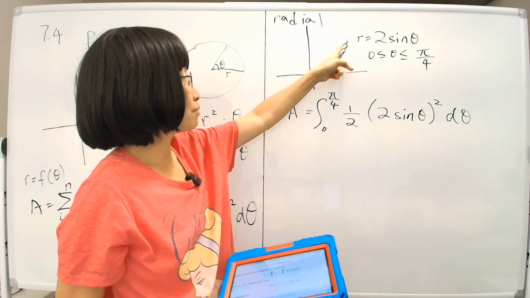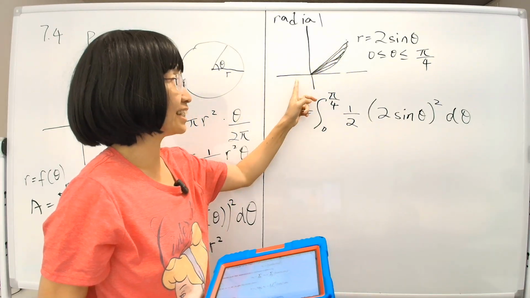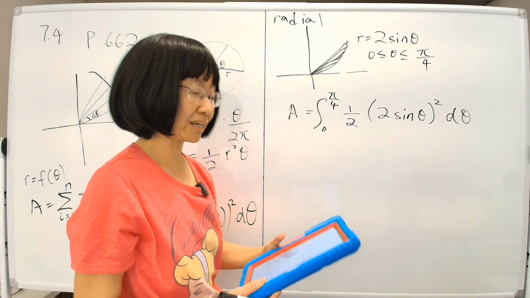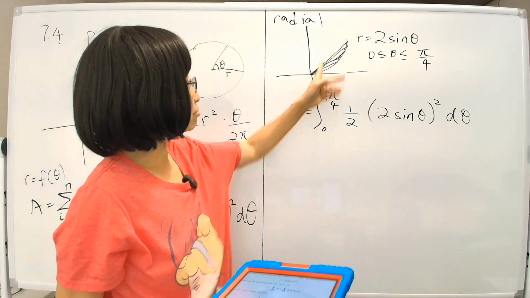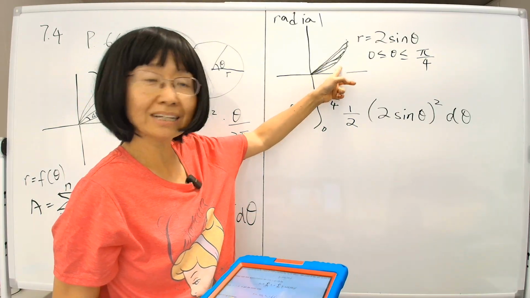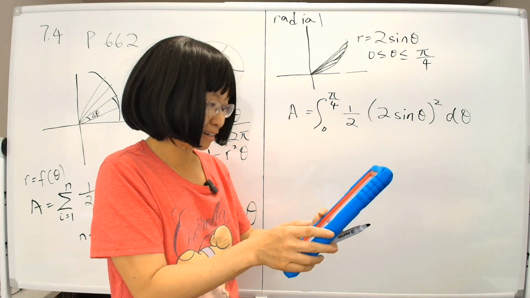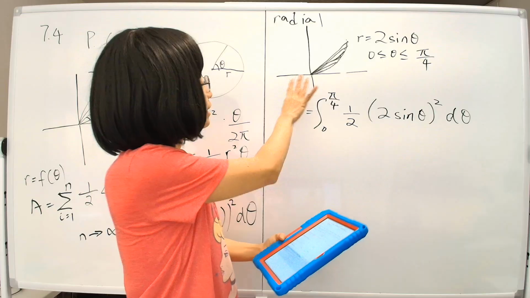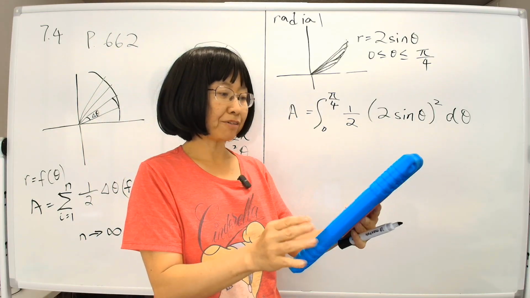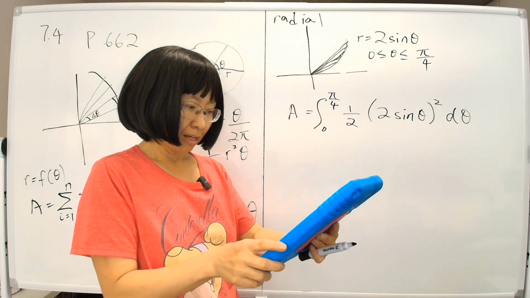The path that it occupies is the area you're integrating, and that's very important, because if you think it's the other part, then you're way off and your answer is completely wrong. So that is the area bound by a polar curve.